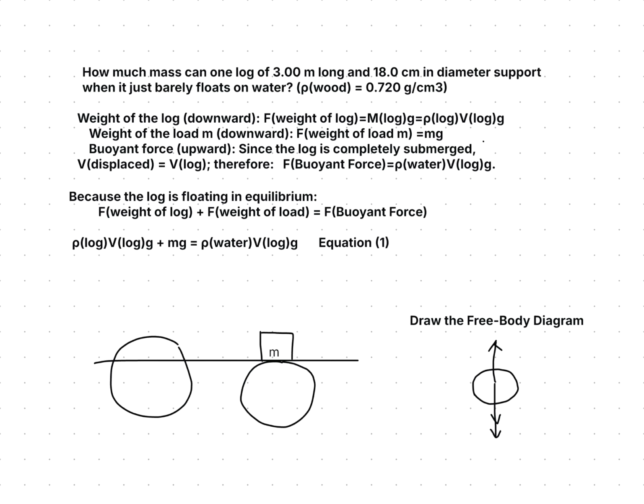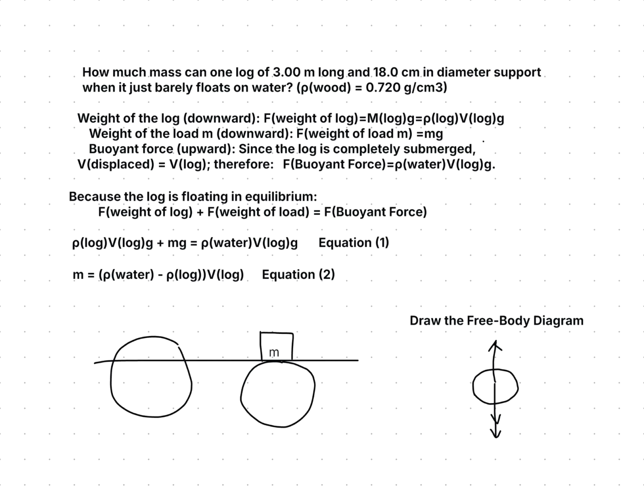We can cancel g and rewrite equation number one to get equation number two. All the quantities on the right-hand side of this equation are known. So now all the physics is finished. The rest is simply calculation.